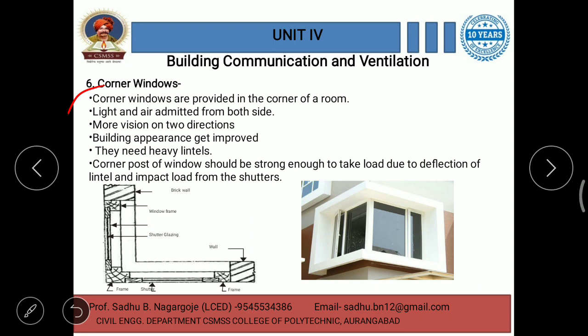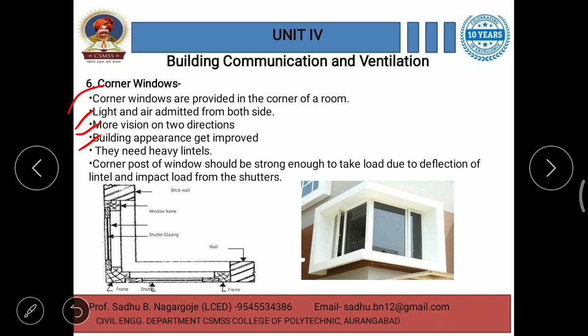Then the sixth, corner windows. As the name itself indicates, corner windows are provided in the corner of a room. Light and air are admitted from both sides. Okay, as it is located at the corner, light and air are admitted from two sides, with more vision in two directions, and the building appearance is improved.